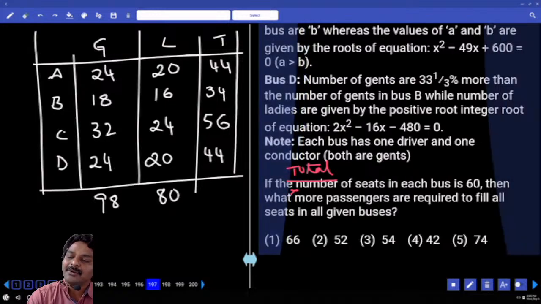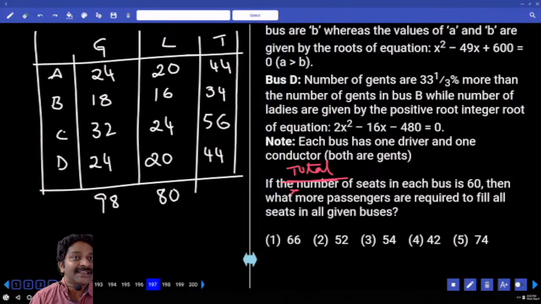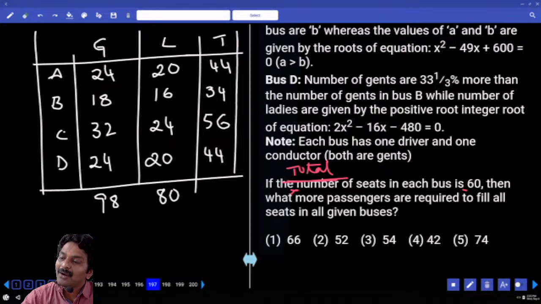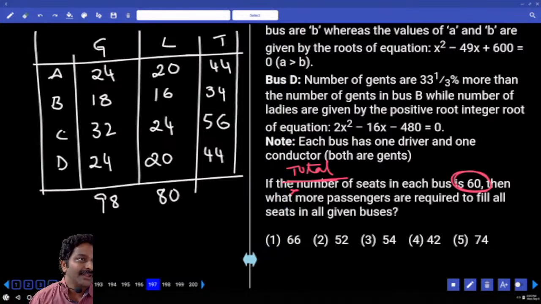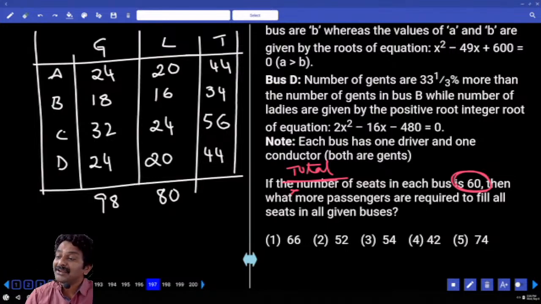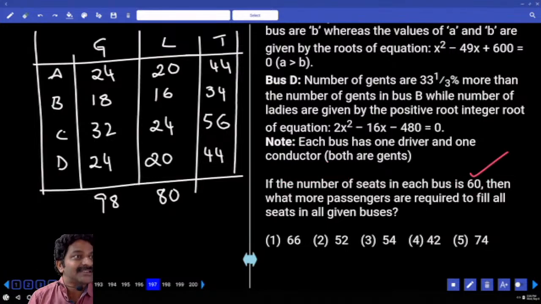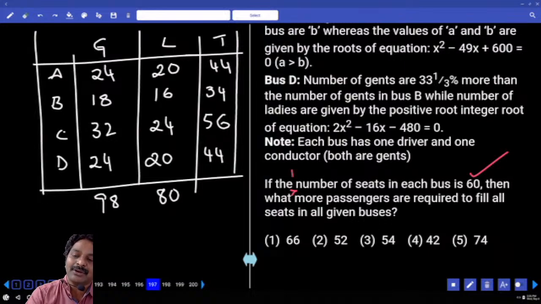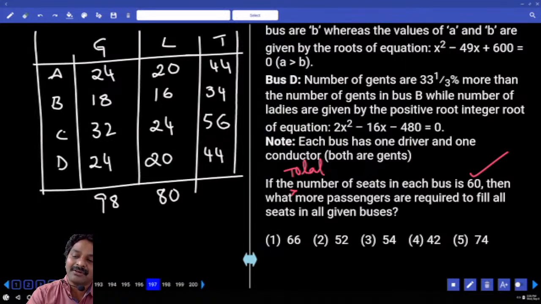If they are talking about total seats, out of this 60, can we consider the driver and conductor seats, or excluding those 2? Total number of seats in the bus, they are talking about. So the driver seat and conductor seat, are they part of this 60? Yes, they are part of the 60. So for that clarity, we need to have the extra word total.